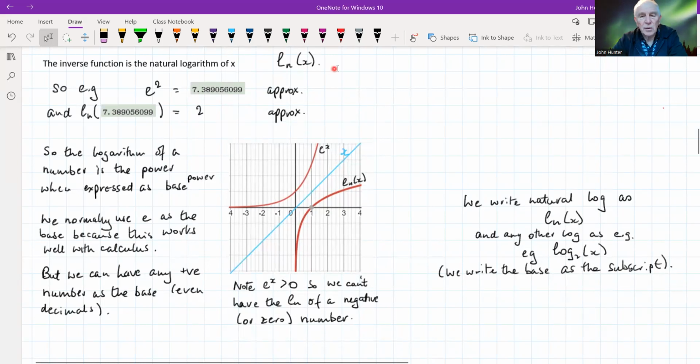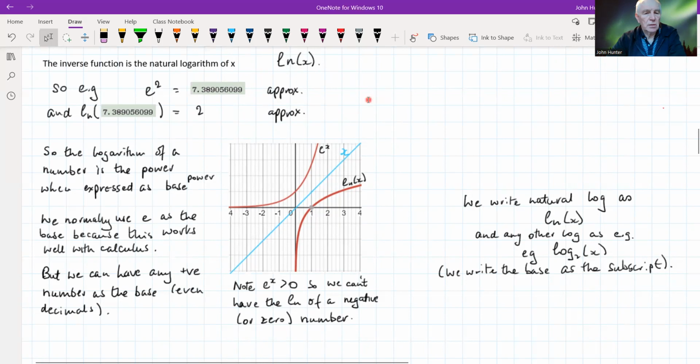It's log base e. We could equally write it as log with a subscript e of x, but it's universally written like this, and we often pronounce it as ln x. That n isn't a subscript, it's a normal size letter.